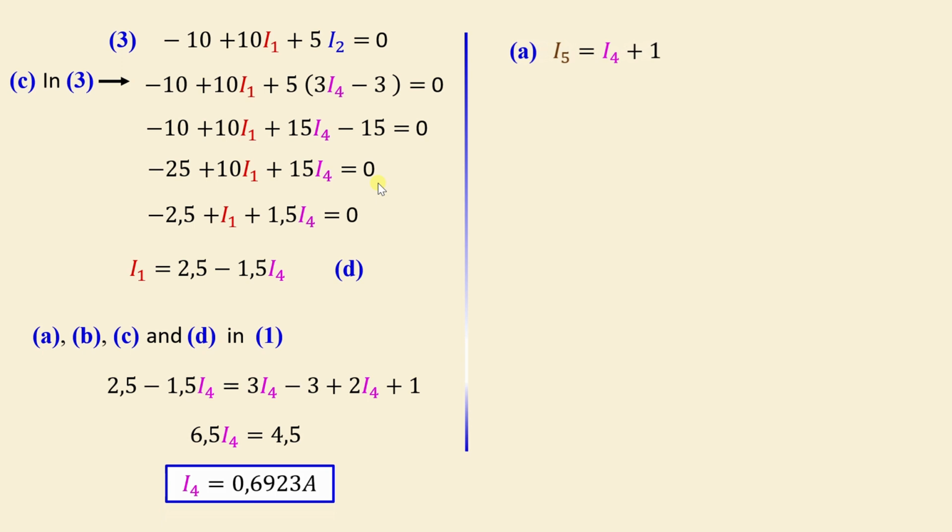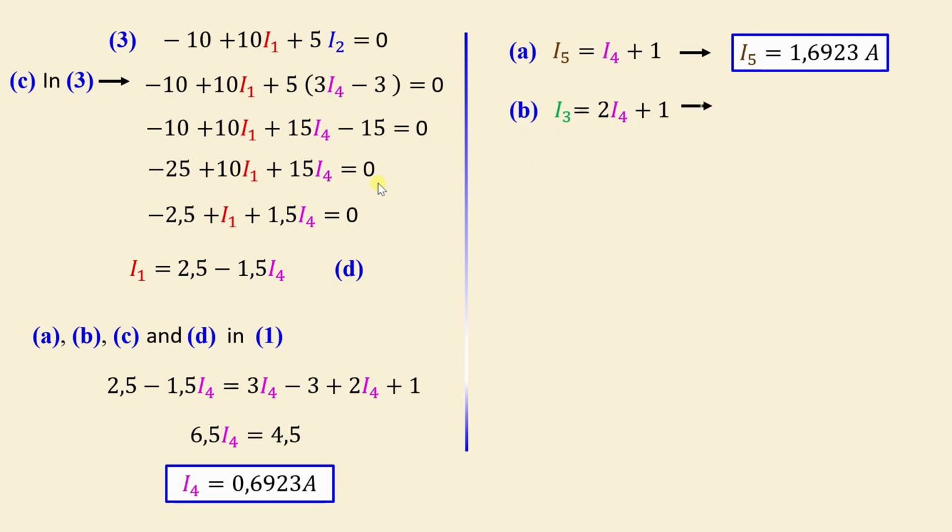We go now to A. We have I5 is I4 plus 1. That means I5 is 1.6923 amps. And B is I3 is equal to 2I4 plus 1. We obtain I3 is 2.3846 amps.